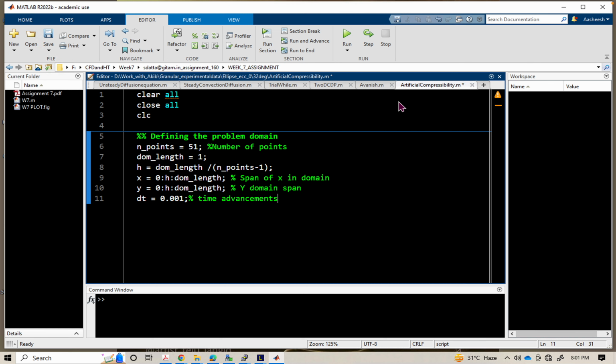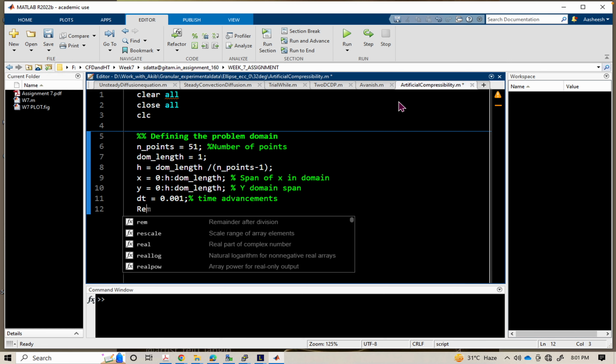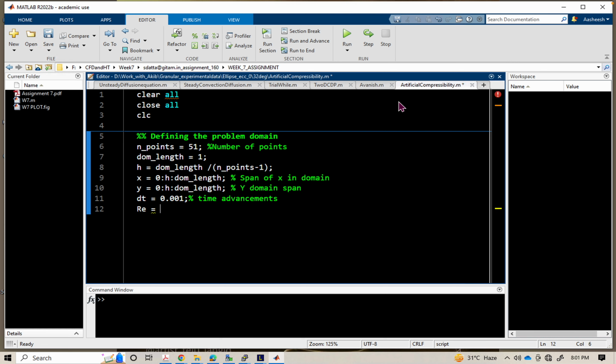For Reynolds number also we have to predict, because in that momentum equation we have this 1 by Re. So yeah, for that I am writing. So that delta is this. I am predicting, suppose this 4.5 as artificial compressibility.